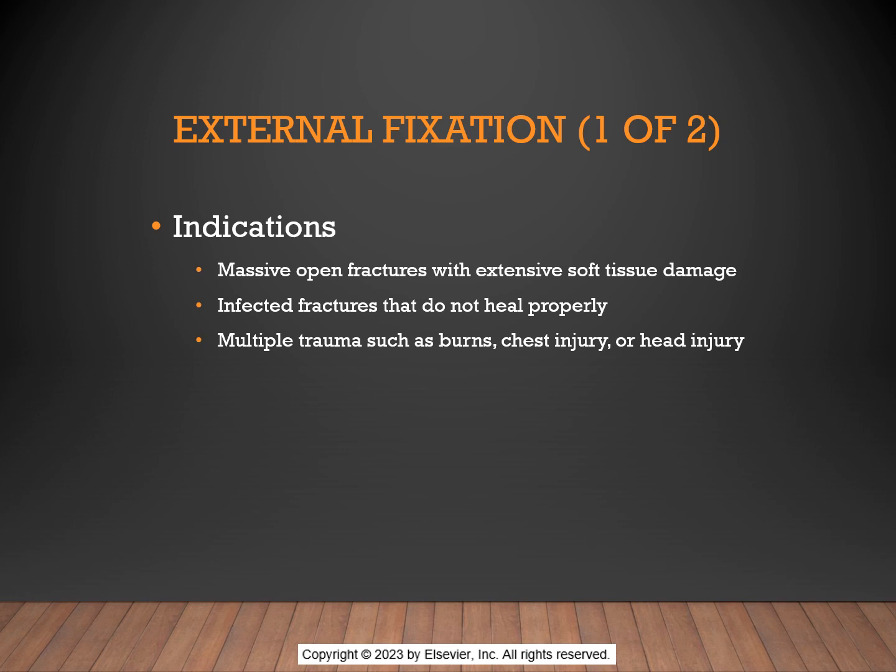Indications include the following: a massive open fracture with extensive soft tissue damage, infected fractures that do not heal properly, or multiple trauma with one or more fractures and other injuries. External fixation has the advantage of allowing more freedom of movement than traction and is usually more comfortable. Pin care should be performed regularly.